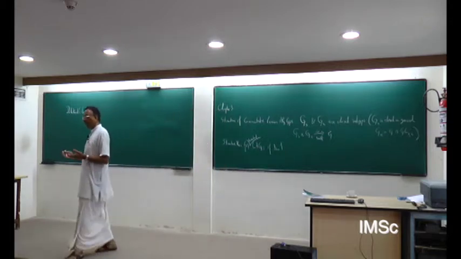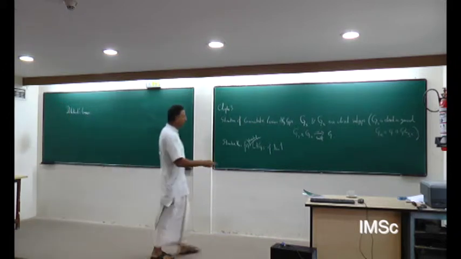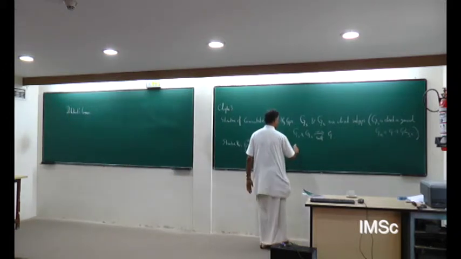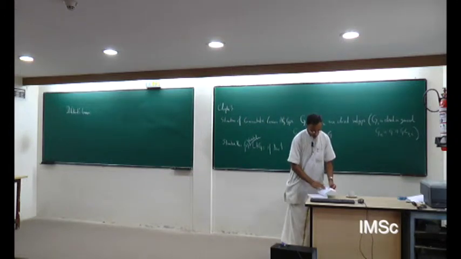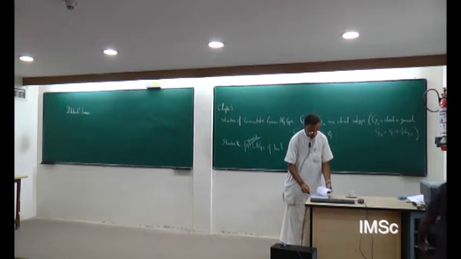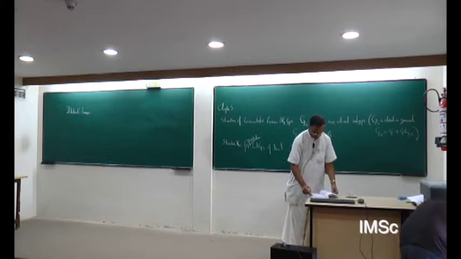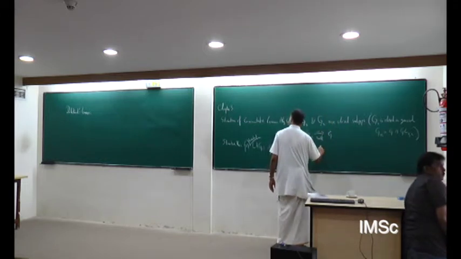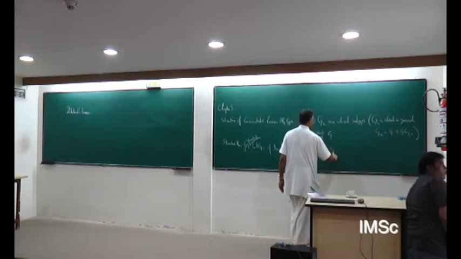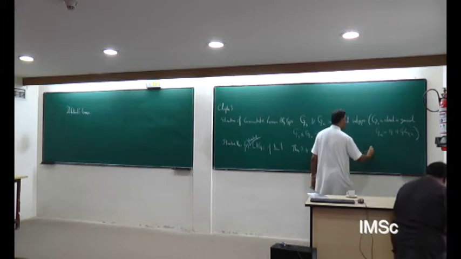So if you have a connected linear algebraic group of dimension 1, then a later theorem, 3.4.9, says that G is equal to Gm or G is equal to Ga.